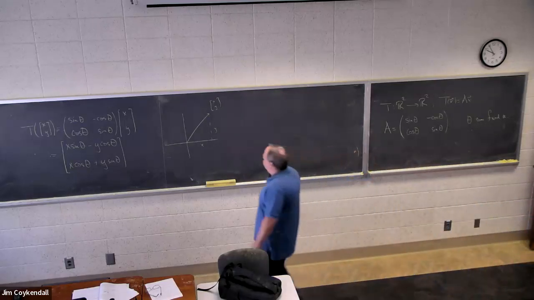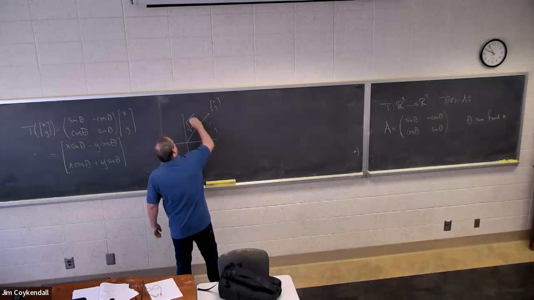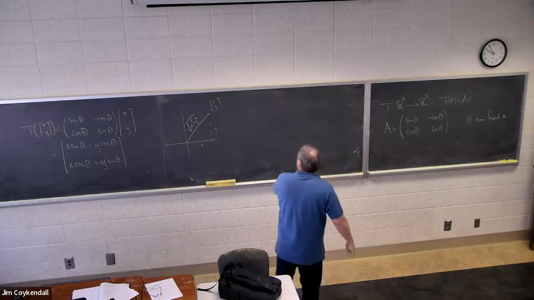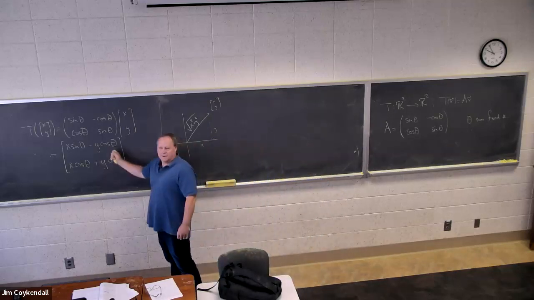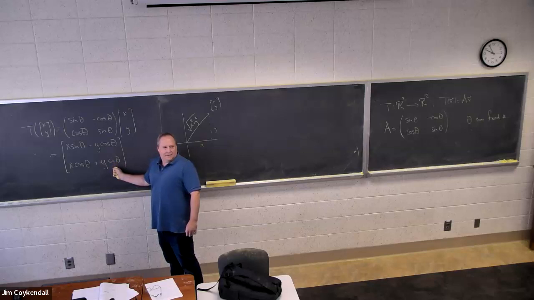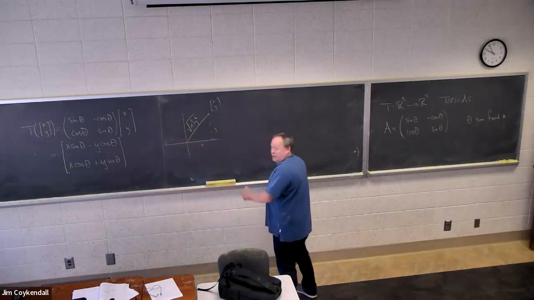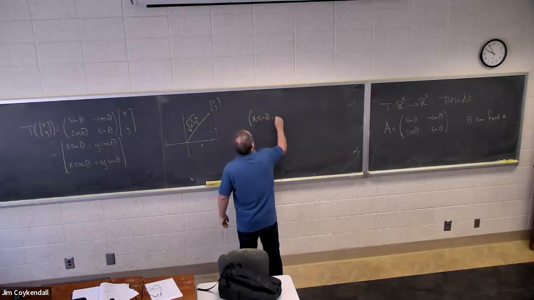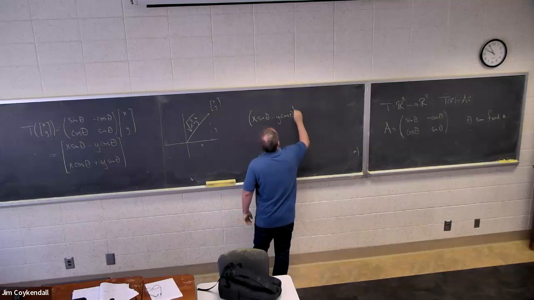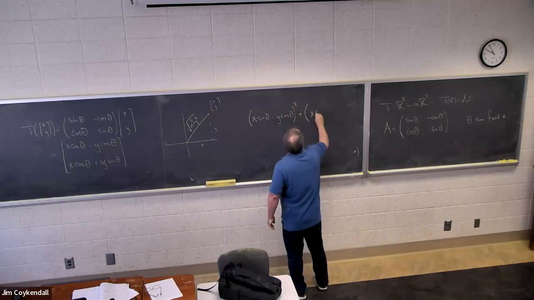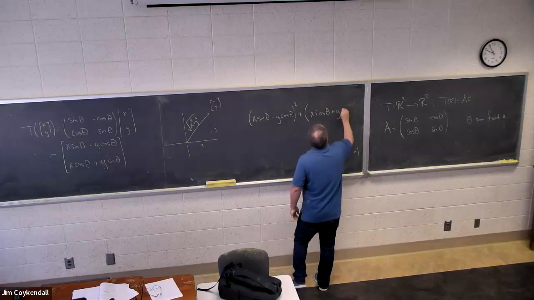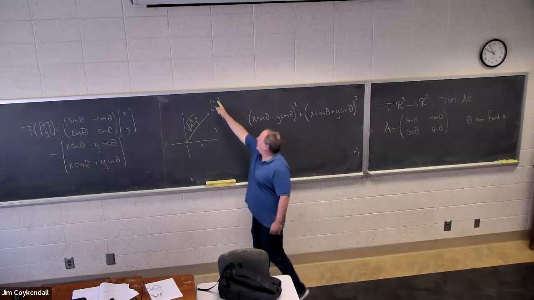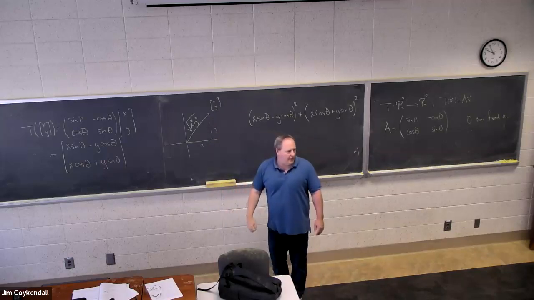So would everybody agree that, what's the length of this vector? Oh, look at that. Well, let's check it out. Let's square these and see what we get, then take the square root.